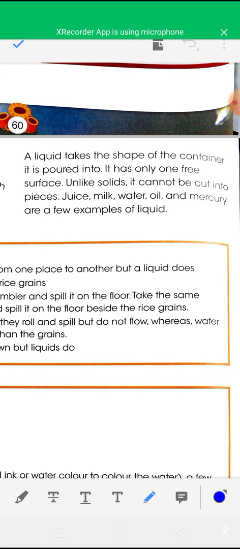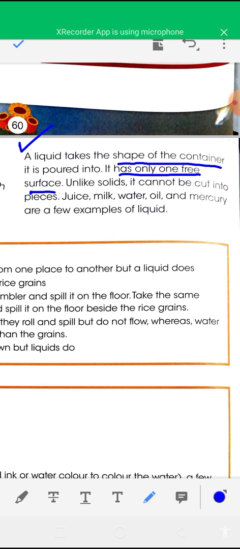And a liquid takes the shape of the container it is poured into, and it has only one free surface. Solid has many free surfaces, but liquid has only one free surface.